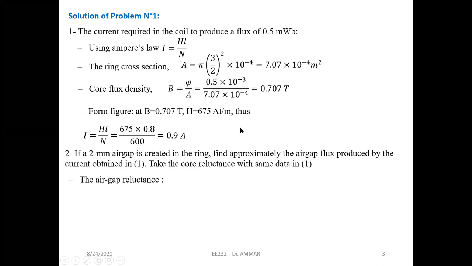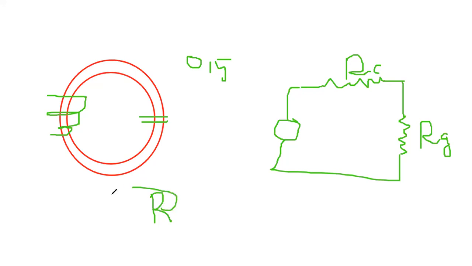So the air gap reluctance is equal to what? The expression of the air gap, of course. Let's go back to the board. The reluctance equals the length over mu0, because it's an air gap, times A, which is the cross section. This is the air gap reluctance.